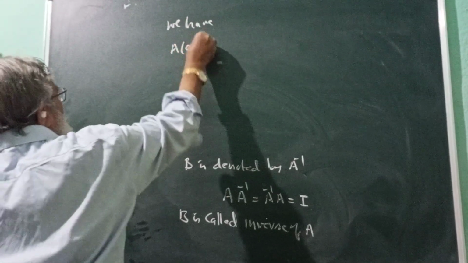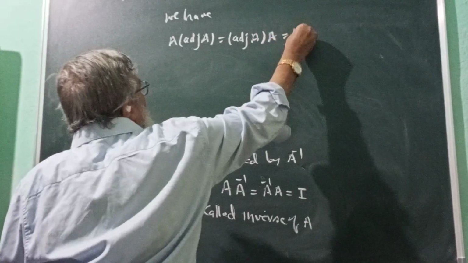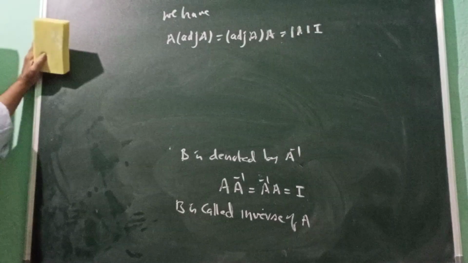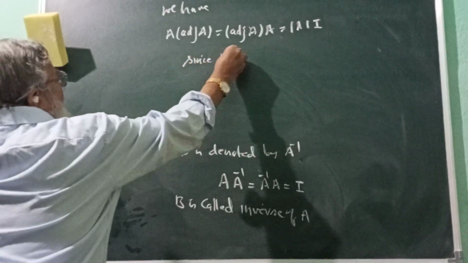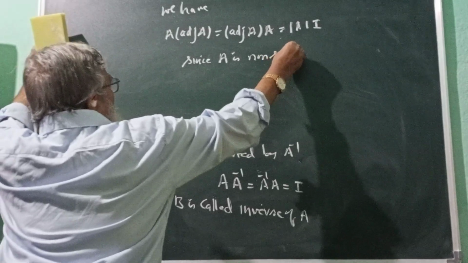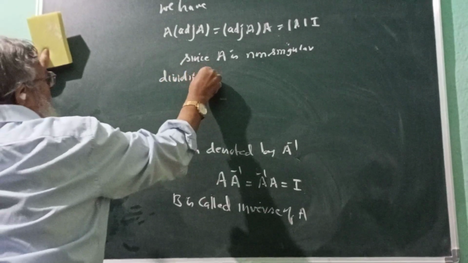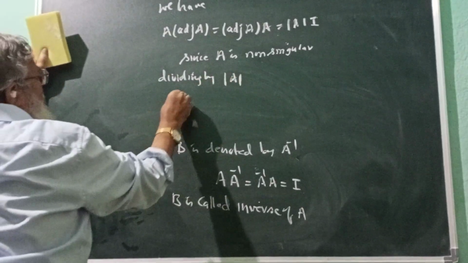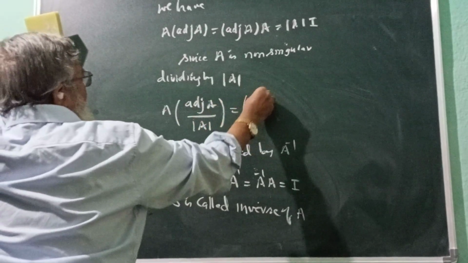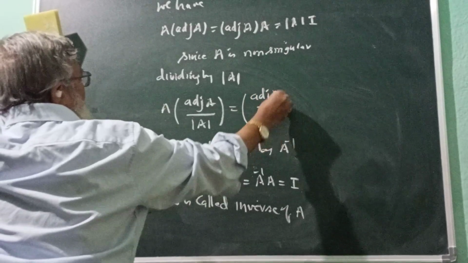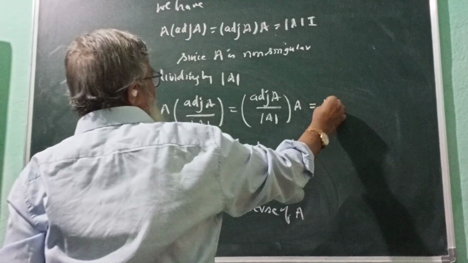A into adjoint of A is equal to adjoint of A into A is equal to determinant of A into I. Since A is non-singular, we can divide by the determinant of A. So we get A into adjoint of A divided by determinant of A, or adjoint of A divided by determinant of A into A is equal to I. Equation 1.